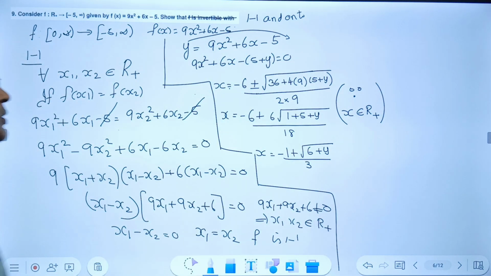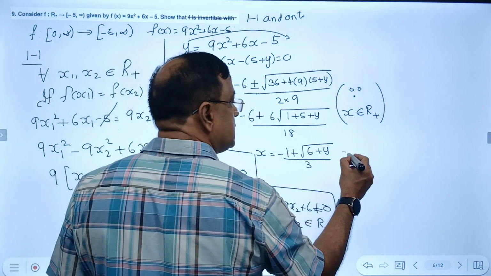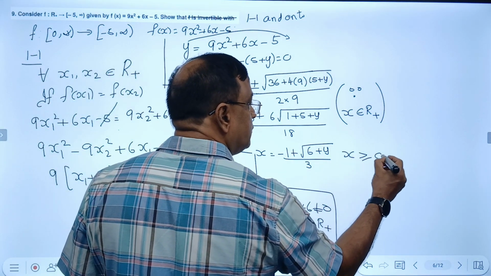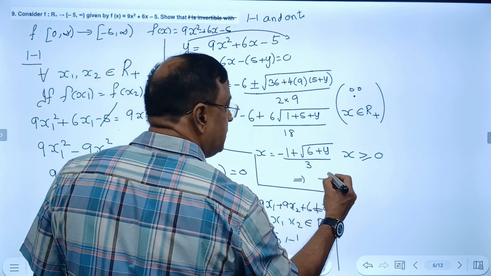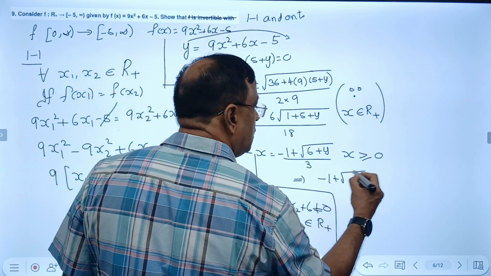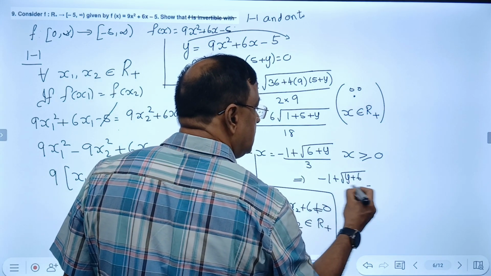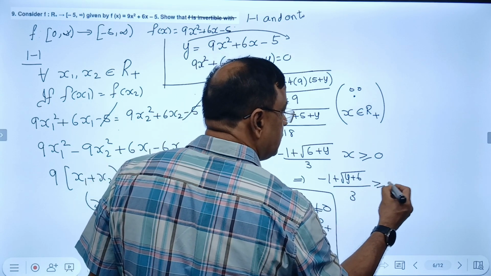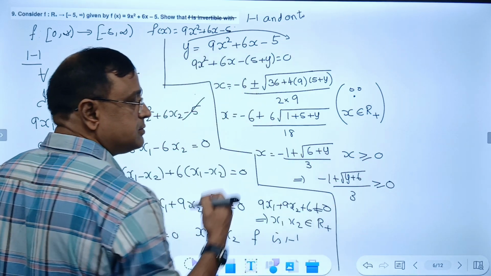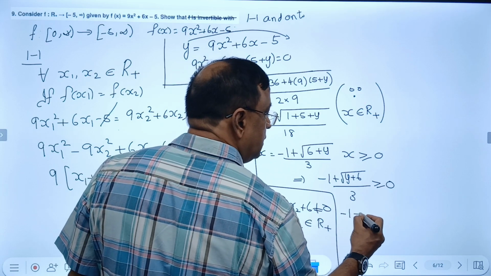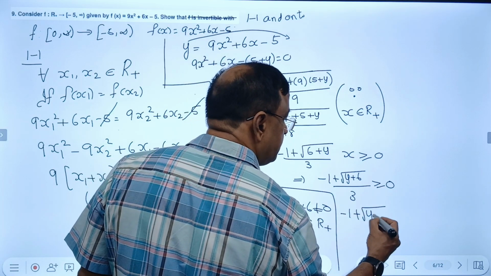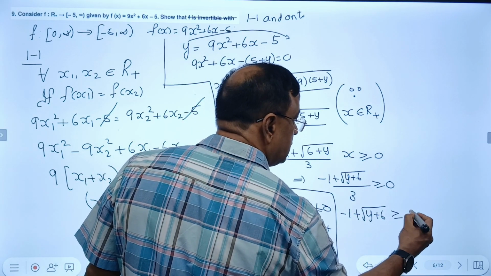Correct? Now clearly x is greater than or equal to 0. When I say x is greater than or equal to 0, I can say minus 1 plus root of y plus 6 divided by 3 is greater than or equal to 0, because x is nothing but this. Now if you cross multiply, since it is a positive quantity, it doesn't really affect you. Is greater than or equal to 0.